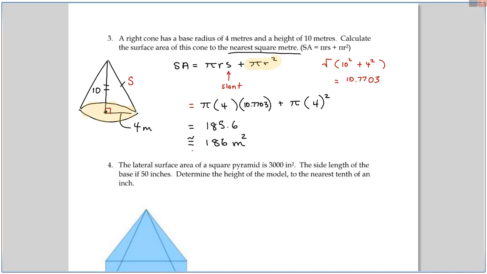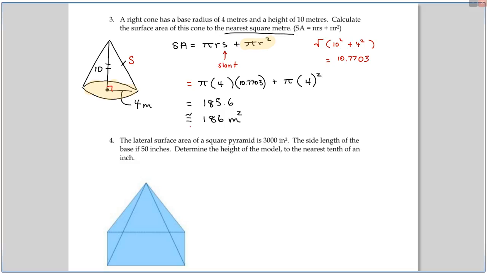All right, number 4 looks a bit challenging. I can just tell by looking at it. It says that the lateral surface area of a square pyramid is 3,000 square inches. Okay, so I'm going to highlight that.